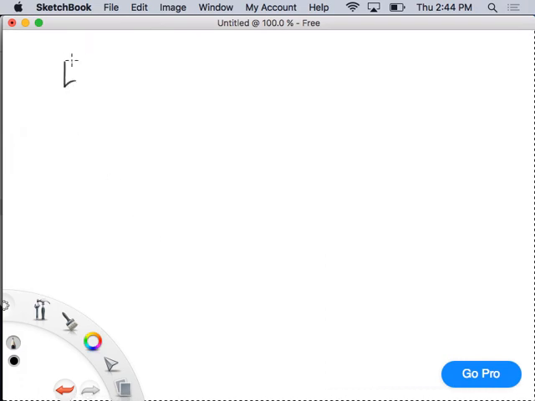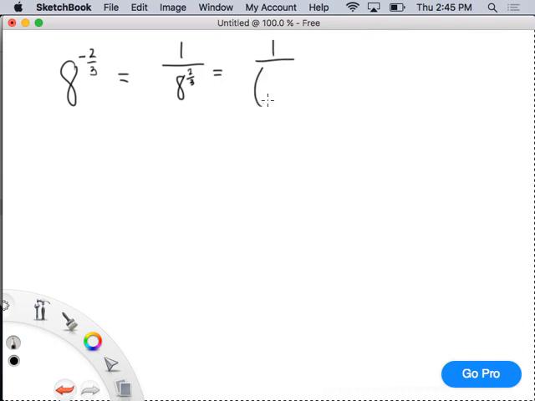All right. So we have 8. We've done to the 2/3. What about to the negative 2/3? Well, when I have a negative power, what do I do? I do 1 over 8 to the 2/3. Simple as that, right? Does that make sense? Okay, 1 over, now I split it up. 8 to the denominator on the inside, 1/3.